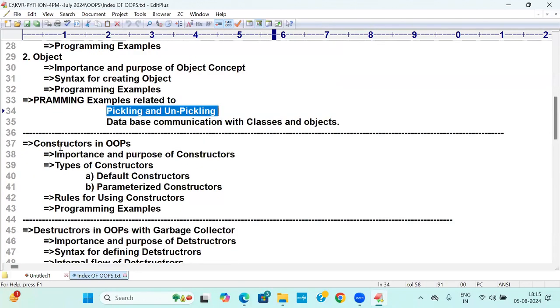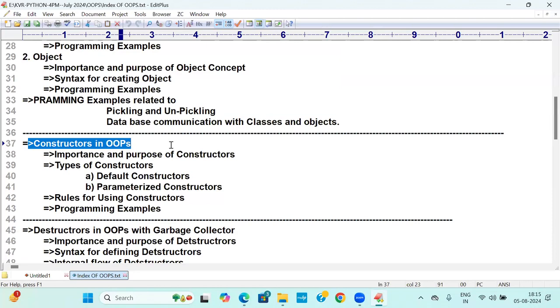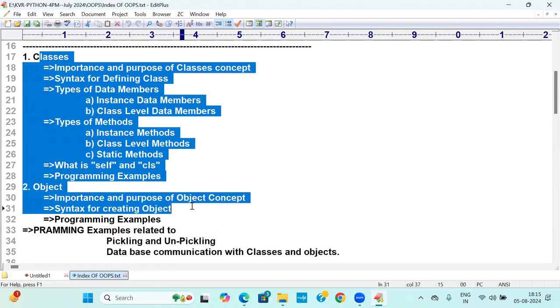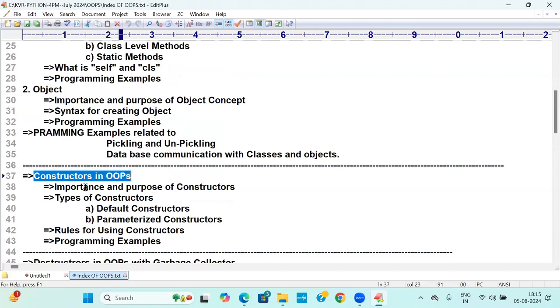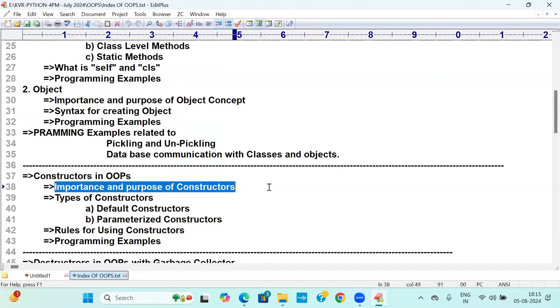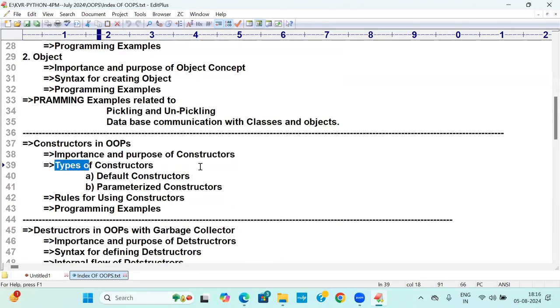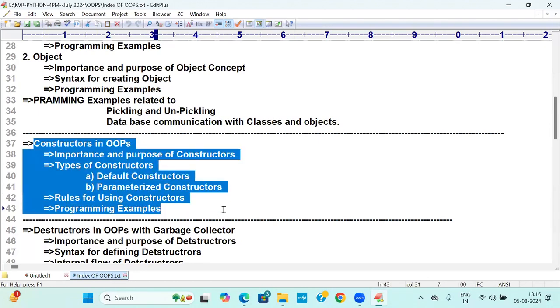Next, constructors in OOPS, which is still a part of the class: importance and purpose of constructors, types of constructors, default constructor, parameterized constructor, and rules for using constructors in programming. This part is another day.